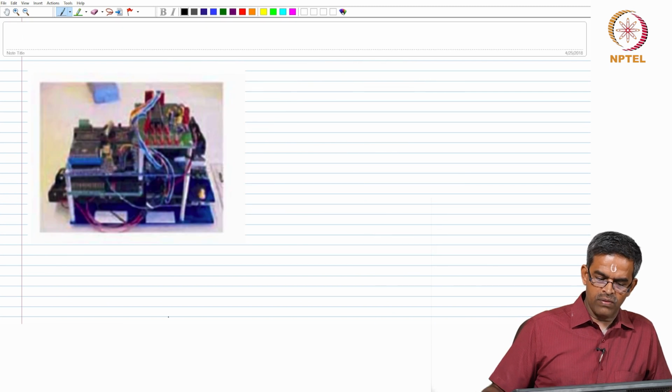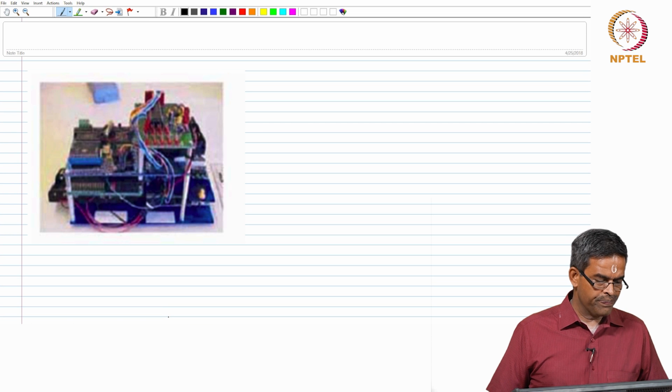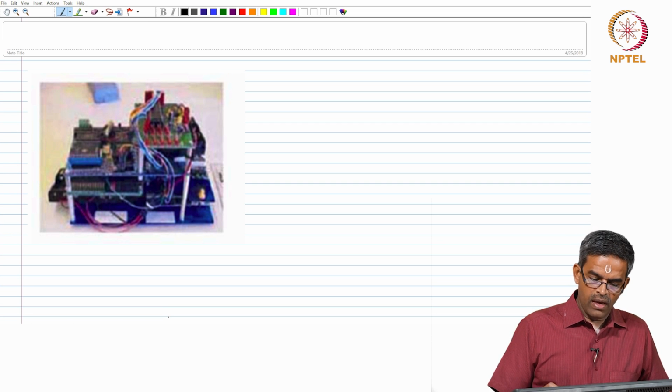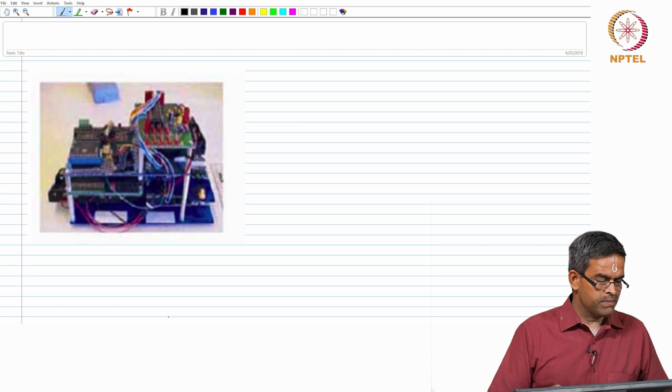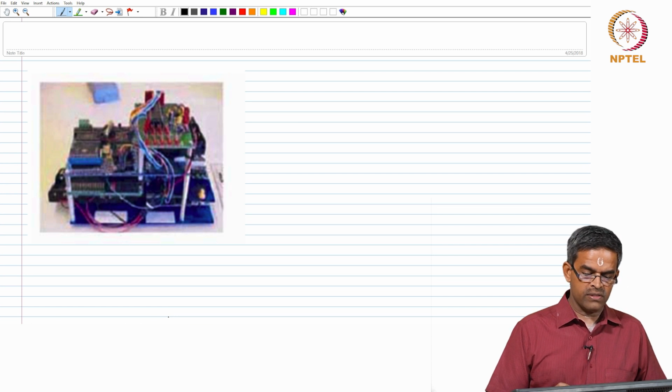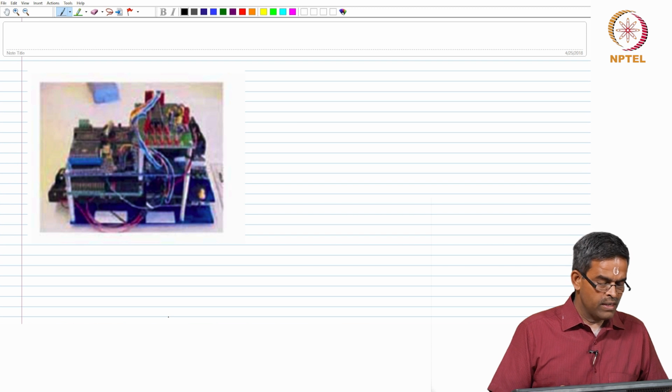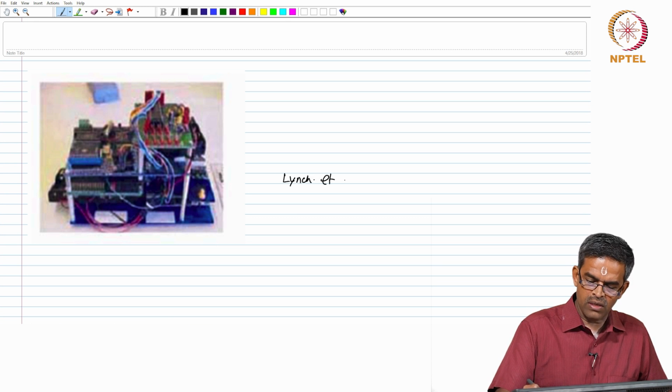A typical picture of this is seen on the screen here. This is a dual processor, first time introduced wireless communication receiver which had an acquisition server inbuilt. The reference of this and more details can be seen at Lynch et al. in 2004.